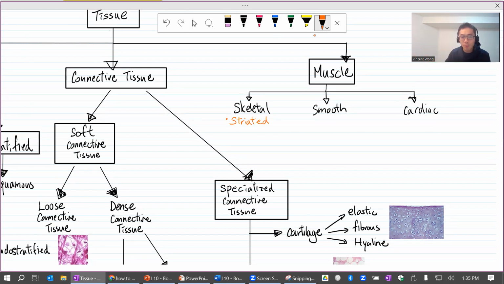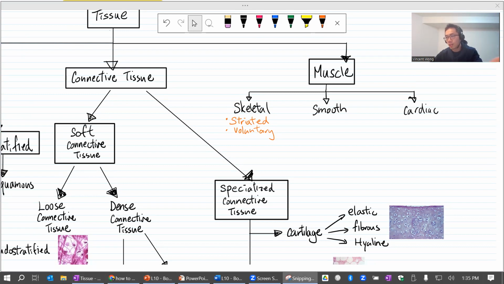Stratify means multiple layers. Striated means they have banding patterns. I'll show you a picture. And it's voluntary. That means you can move them. Any muscle that you can move is going to be considered a skeletal muscle. If you can move them, then it's skeletal.